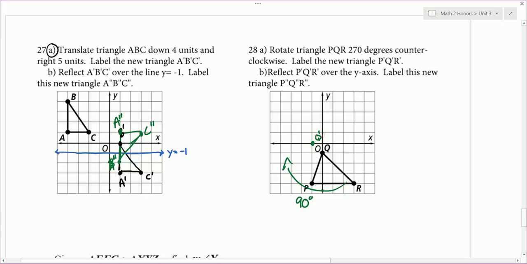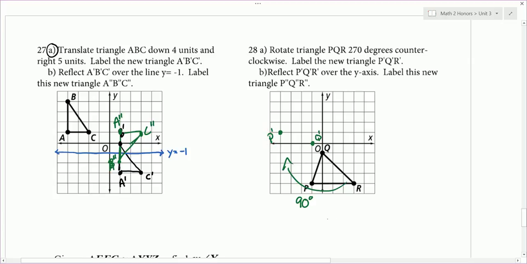The other two may be a little harder to see, but point P, if you look at its reference from the origin, we'll go down 4, left 1. And so we're going to go from the origin left 4, up 1. 1, 2, 3, 4, up 1. And call that P prime.